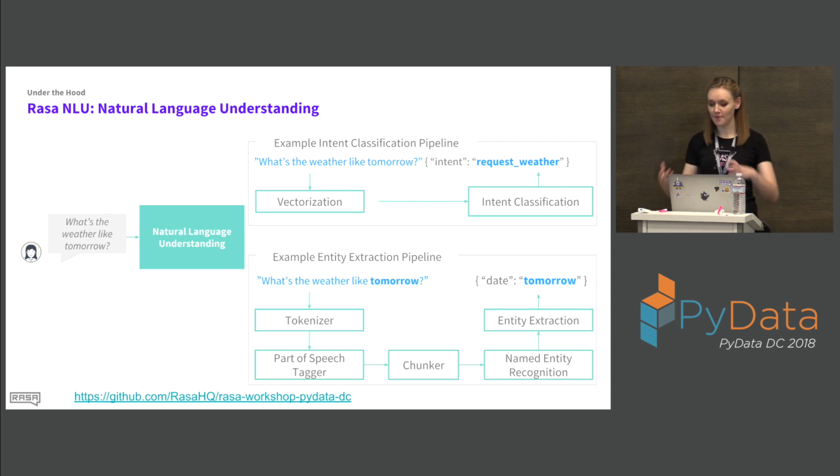So you would have the label of the entity as well as the value of the entity. So for example, in this specific example about the weather, the entity is date, and the value of the entity is tomorrow. In other user inputs, for example, if a user asked what's the weather like today, the entity would be date again, but the value would be today.